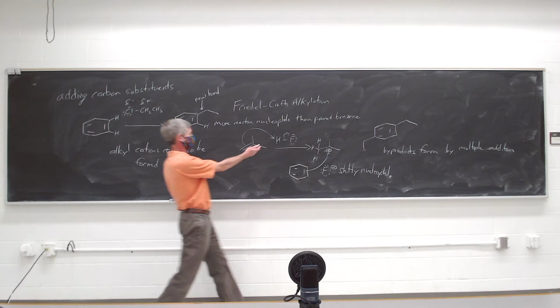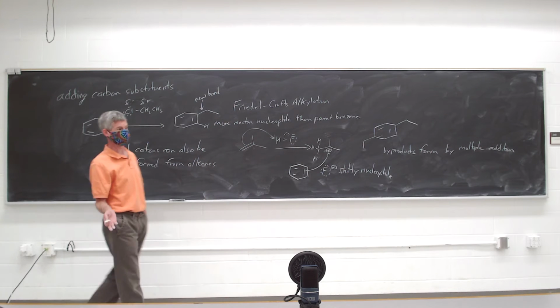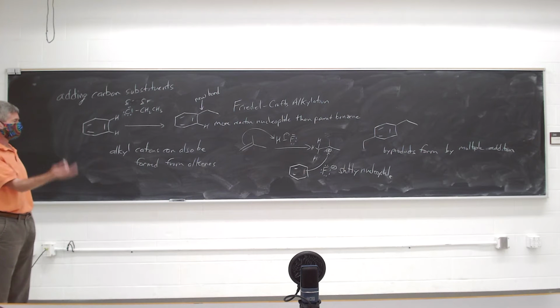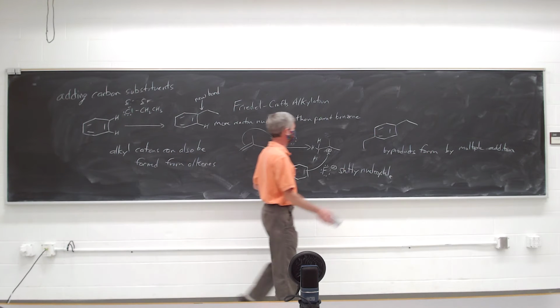Right? So it's got to be HF, it can't be HCl. If you use HCl, you're just going to get tert-butyl chloride, and with HBr you get tert-butyl bromide. But by using the non-nucleophilic halide ions, you can generate that.